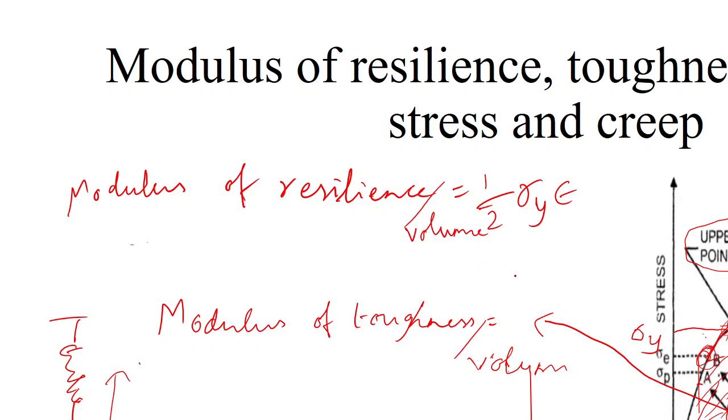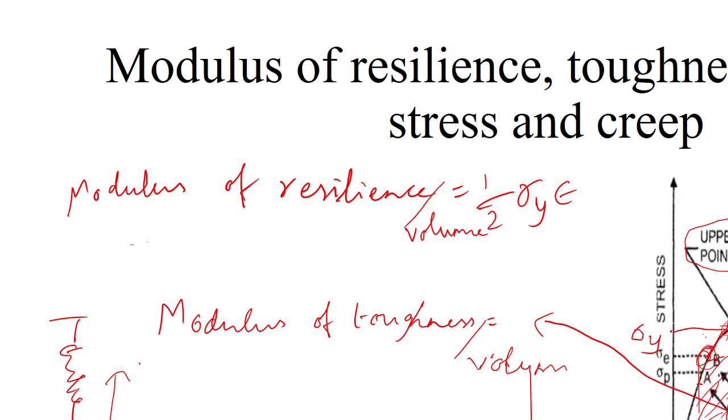And then let's see about the allowable stress. What is the meaning of allowable stress? Anyone? Excuse me, sir, kindly tell me the formula for modulus of toughness. For modulus of toughness, we can't give any formula because the shape of the curve is arbitrary.